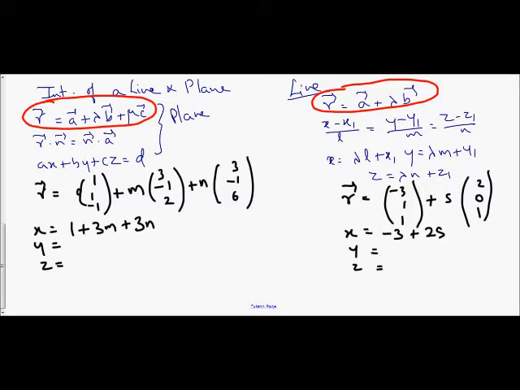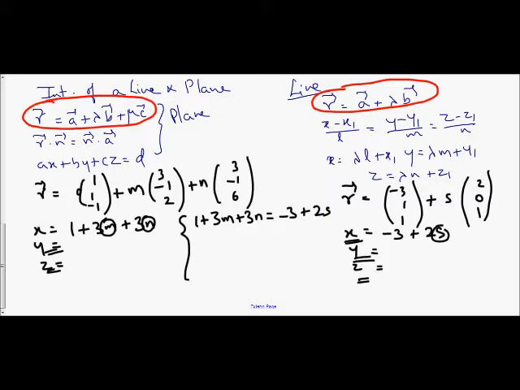So you have three simultaneous equations, in fact six of them, but you have m, n and s to be solved. You can equate 1 plus 3m plus 3n to the x of this, which is minus 3 plus 2s, and y of this to y of this, and z of this to z of this. So you'll get three simultaneous equations in m, n and s.